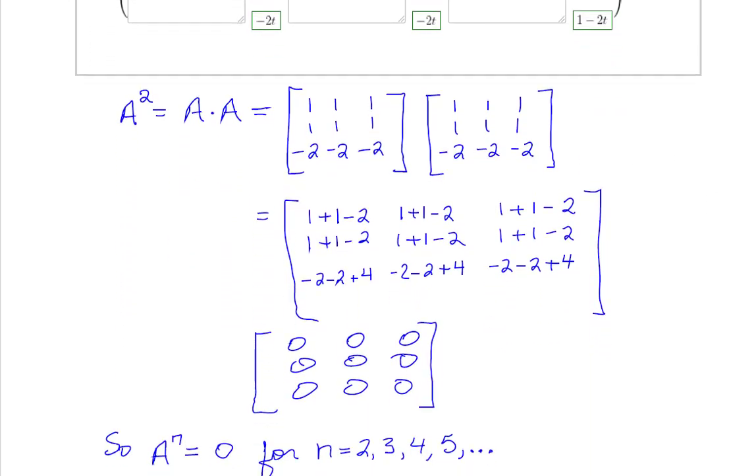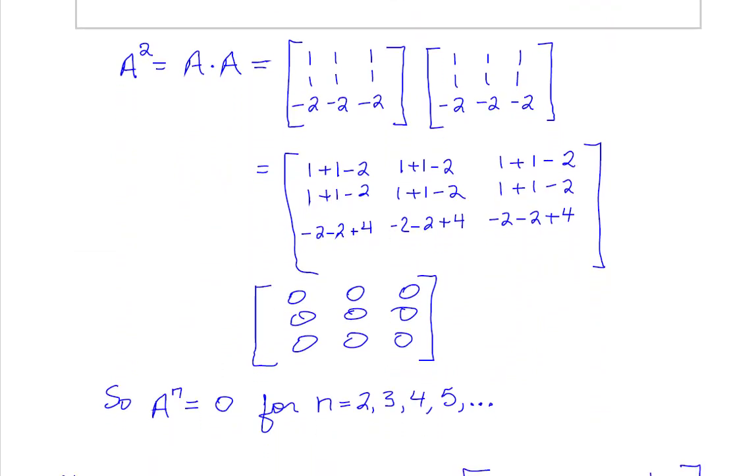And when we grind through the calculation, what we see is A times A is all zeros. And so what that says is A to the n is 0 whenever n is 2, 3, 4, 5, 6, whatever, A to that power is 0.